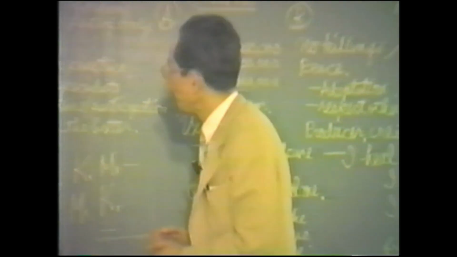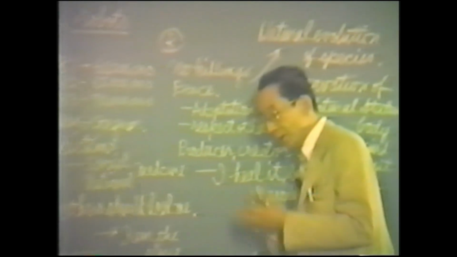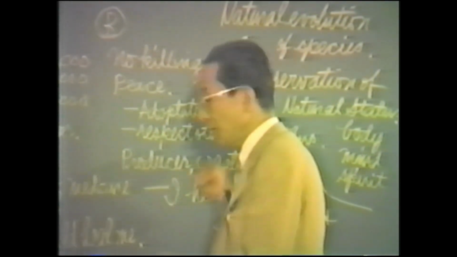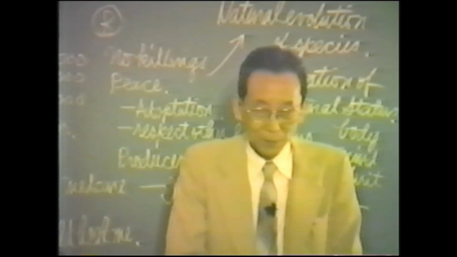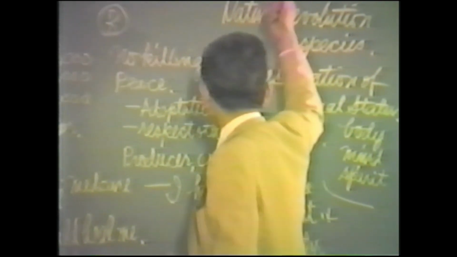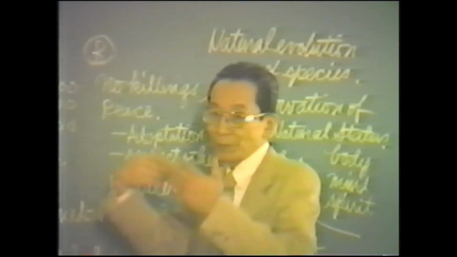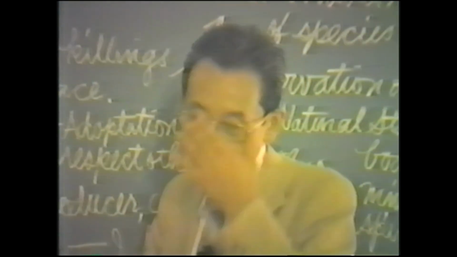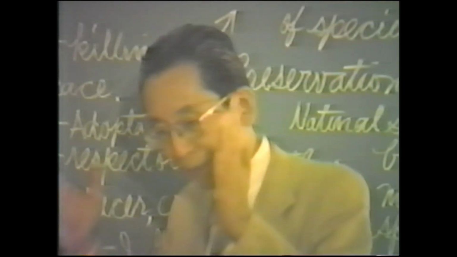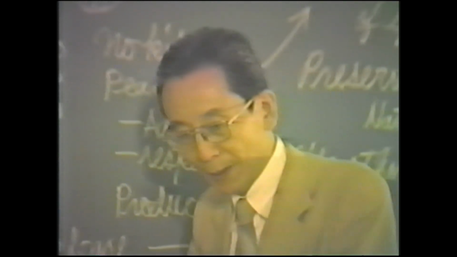If the B way can take over the world as the main current, then natural evolution of species will continue, and degeneration will become less and less.